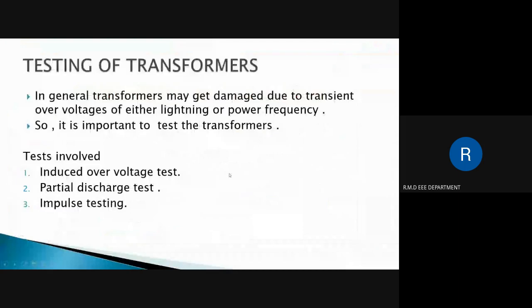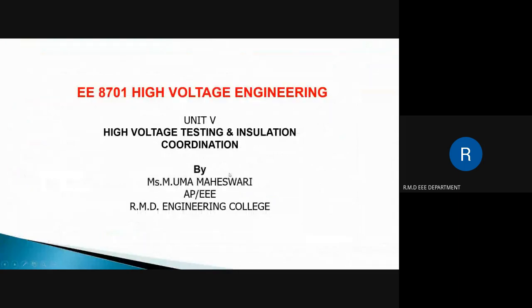So a transformer is a device which is used to step up the voltage or step down the voltage. A transformer is a device that transfers electric energy from one alternating current circuit to another circuit.